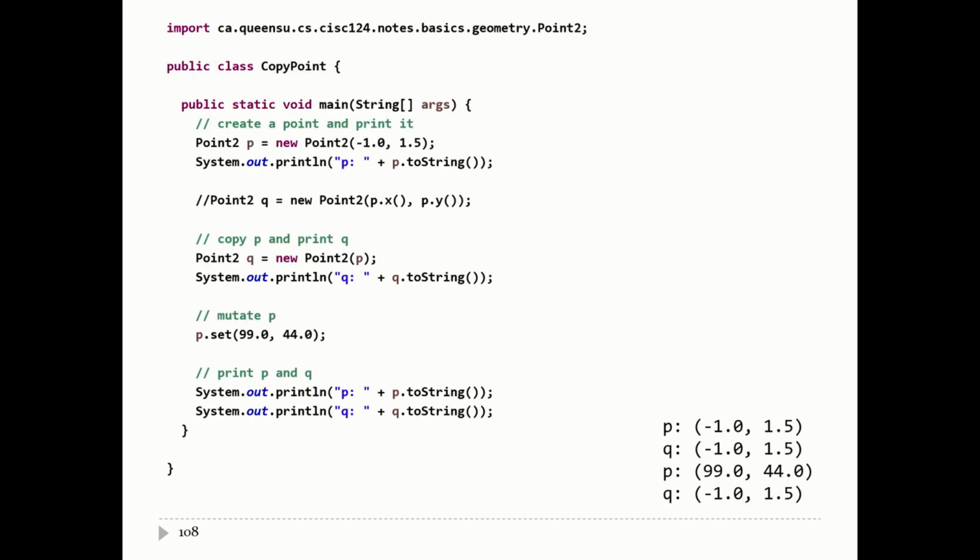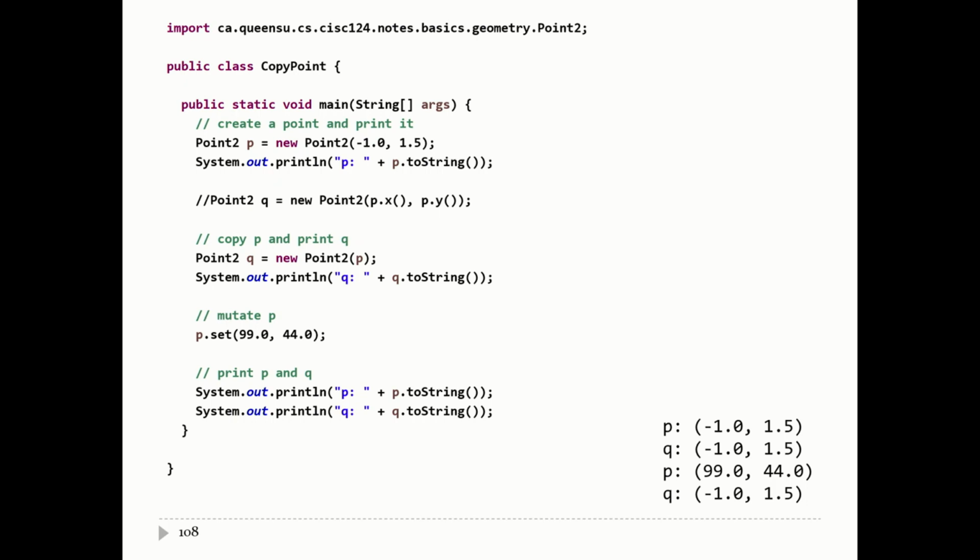So here's an example where we make a point P, and then I make a copy of the point called Q right there. If I didn't have the copy constructor, you'd have to do something like this. The user would have to call a different constructor, this time extracting the coordinates of x and y themselves. So by providing a copy constructor, that saves the user from having to write in that stuff there.